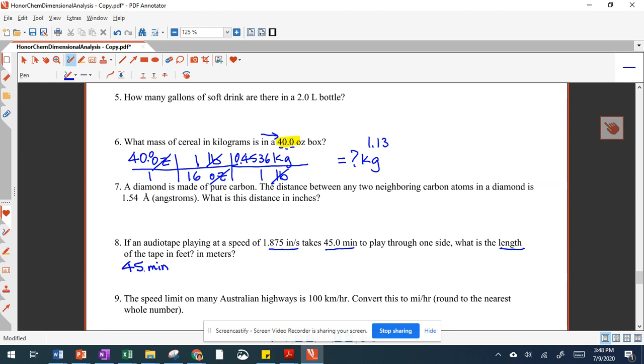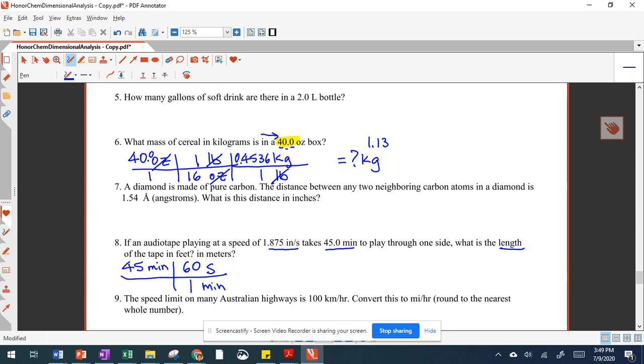So we have 45 minutes. We're going to convert this into seconds using a conversion factor. So we have minutes on the top. Think about where minutes should go in the conversion factor. It's going to have to go on the bottom for that to cancel out. Seconds will go on the top. We can think about how many seconds are in a minute. Hopefully everybody knows that 60 seconds is in 1 minute.